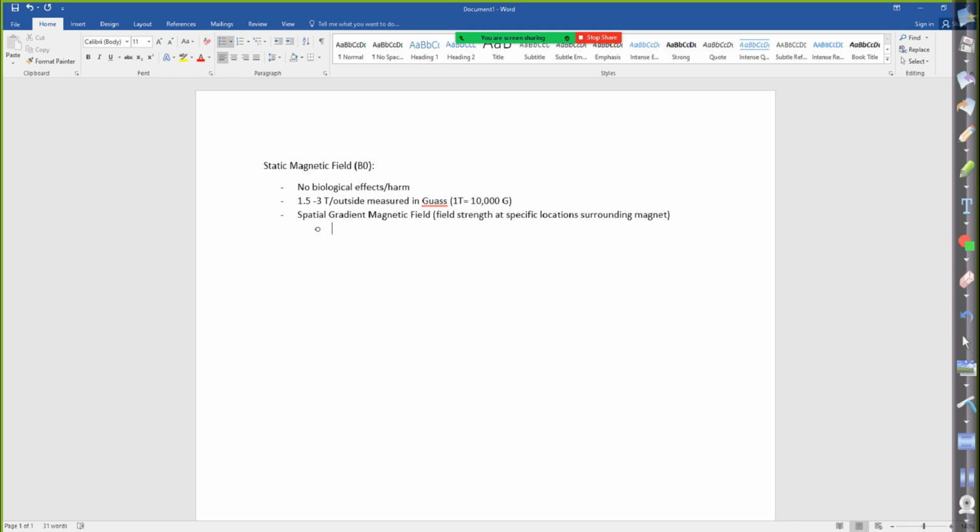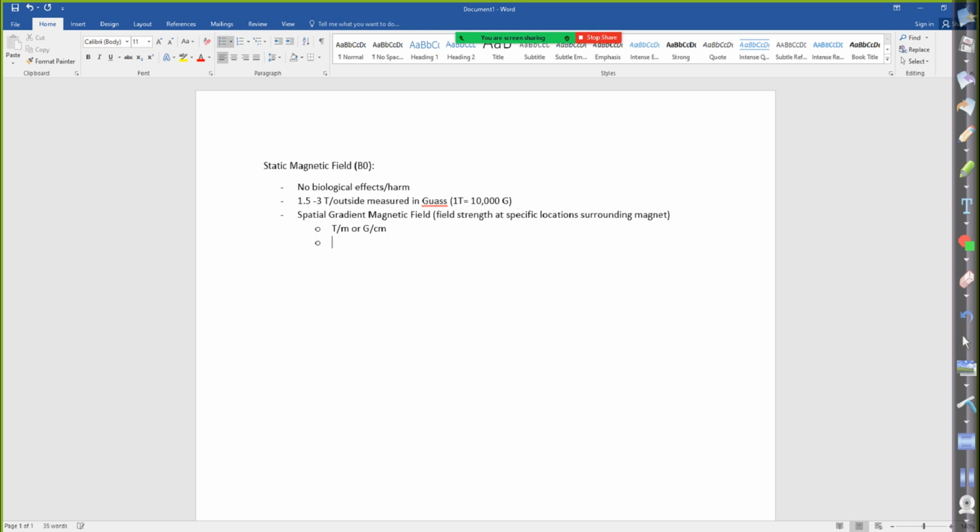So this is usually measured in Tesla per meter or Gauss per centimeter. All right? So those fringe fields or those flux lines surrounding the magnet can be mapped out. Remember, we have a map that shows where the spatial gradient magnetic field is the strongest.